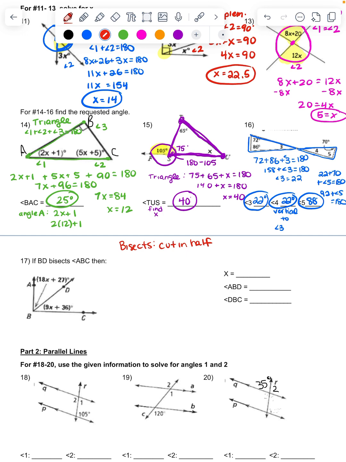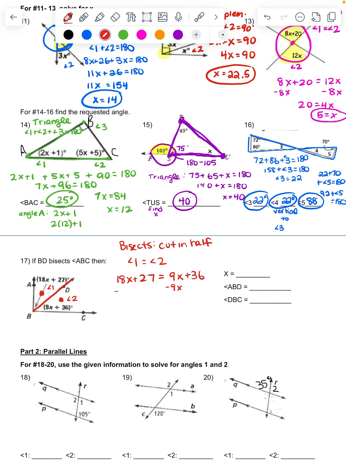So that's what's happening here. This line is coming through, and it's creating two equal parts, which means this should be equal to this. So if I call this angle 1 and this angle 2, angle 1 should be equal to angle 2. So I'm just going to take my two equations and set them equal to each other.